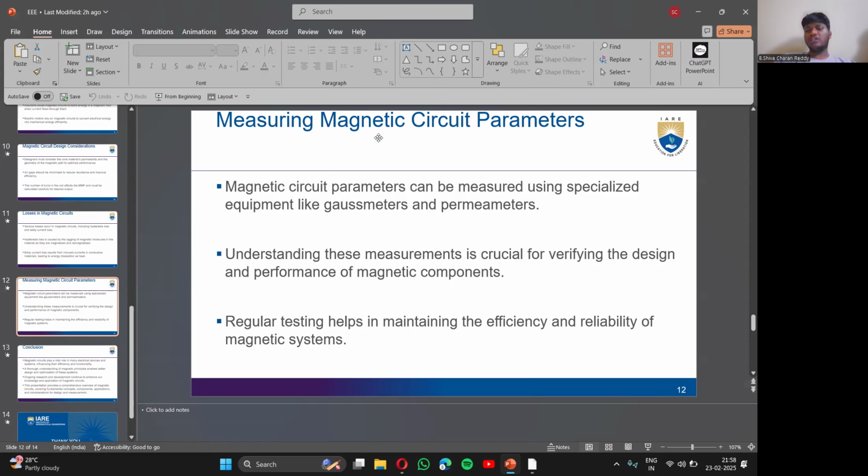Understanding these measurements is crucial for verifying the design and performance of magnetic components, and it helps you reach the desired output. Regular testing helps us calculate results accurately, and helps maintain the efficiency and reliability of magnetic systems.